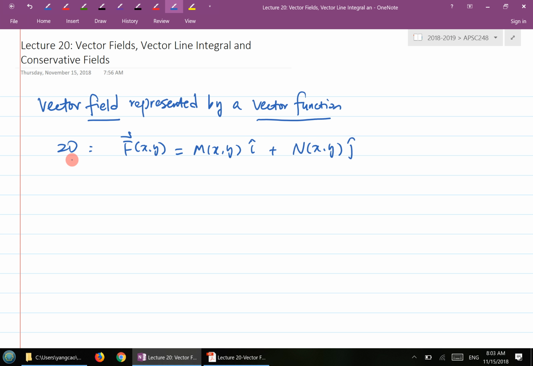I call it a 2D vector function. It's a function of x and y, and it has only an x component and a y component, but both the x component and the y component are functions of x and y. So that's called a vector function. Try to relate it to a scalar function. When you have a scalar function, that's what it looks like. So this is scalar.